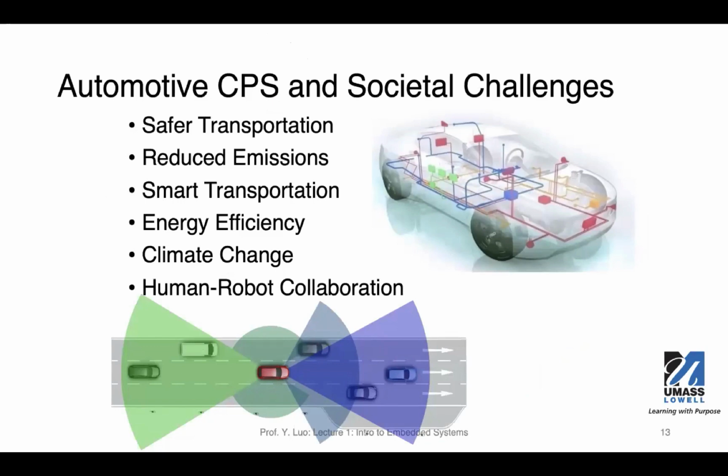Okay, again, using car as an example, those automotive CPS have far greater impact than probably many other fields, because cars are with people every day, so it's important to have safer transportation. And also from the environment perspective, we would like to reduce emissions.